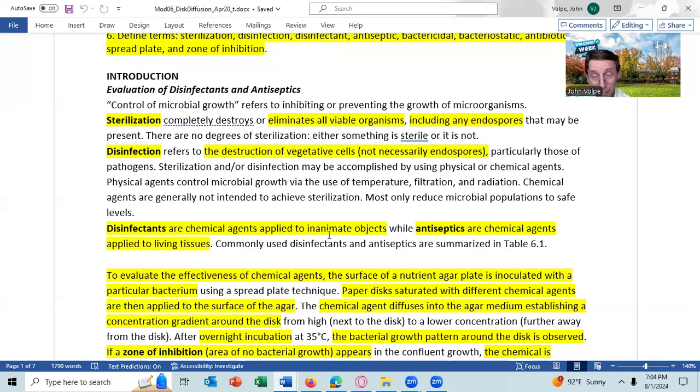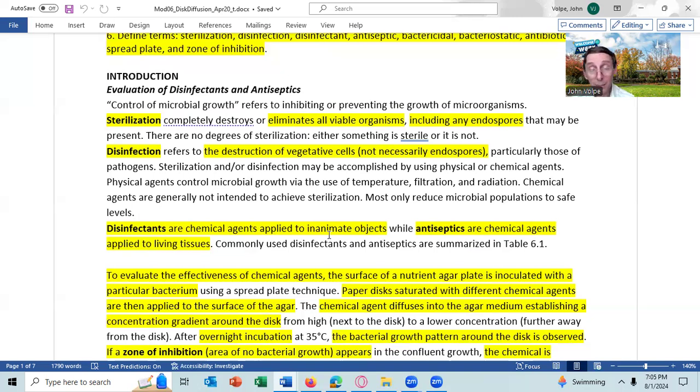And even some disinfectants that do kill some endospores do not kill all endospores. But there are some disinfectants, and this is kind of confusing, I know. There are some disinfectants like hydrogen peroxide, which will kill all endospores. But there are other agents, which are a disinfectant like bleach, that will not kill some species of endospores. They may kill some species of endospores, but not other species.